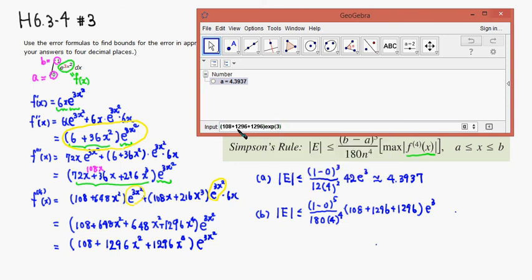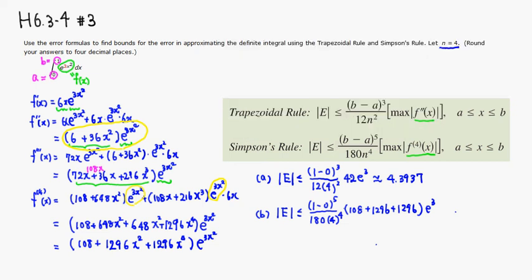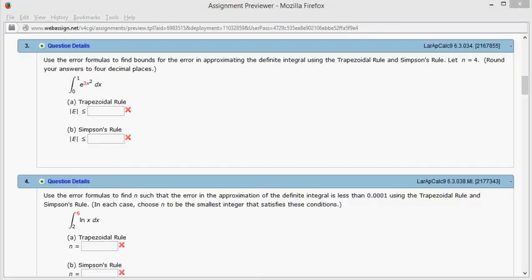Then we have to divide by 180 times 4 to the fourth power. Then hit enter. It came out to be 1.1769.